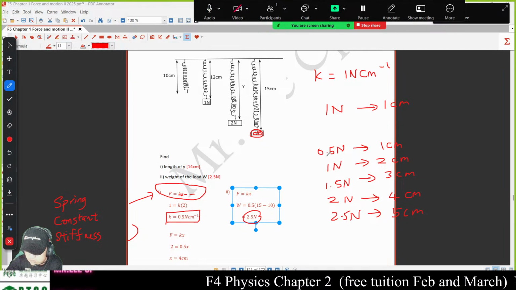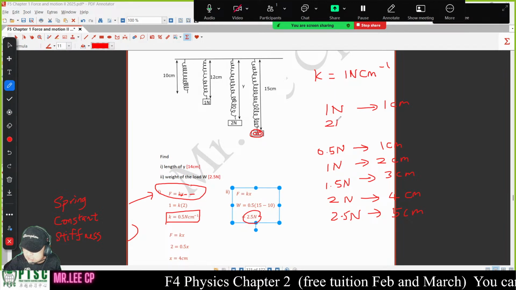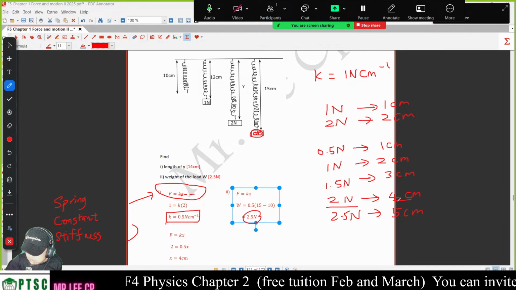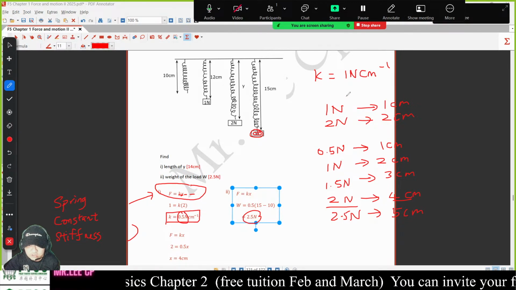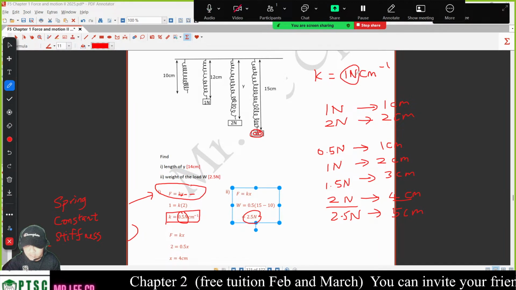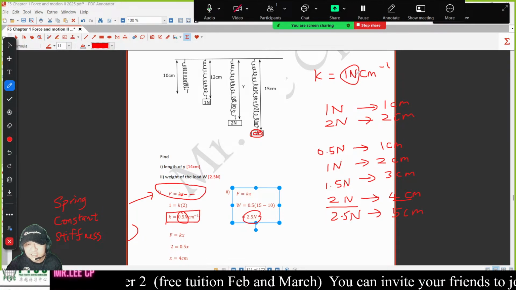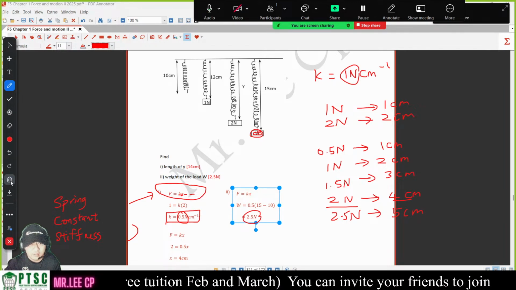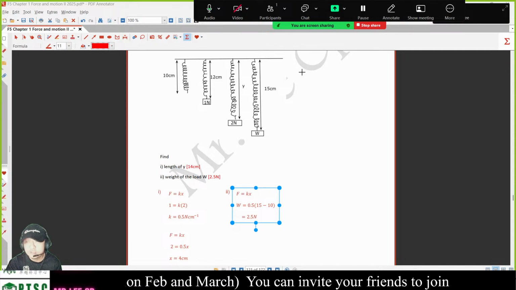Not like this one, where 0.5 Newton already extends 1 cm. So let's say this is 2 Newton, you extend 2 cm. With 0.5, 2 Newton already gets very long, very soft. But 1 is quite hard compared to the first one. This is called the extension of the spring, and how hard or soft it is is the stiffness of the spring.